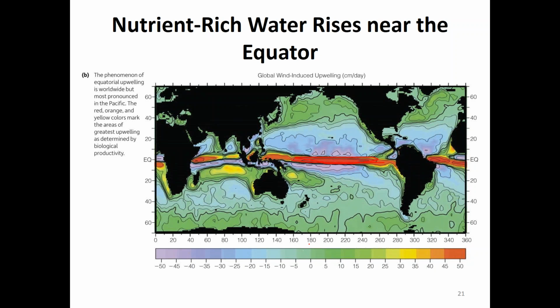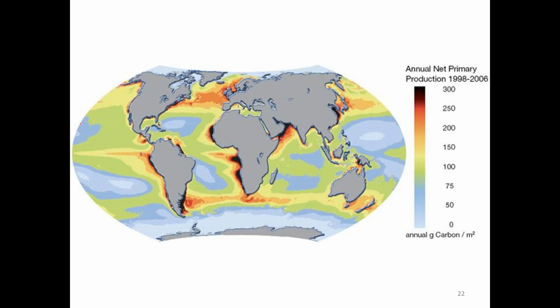Any color on this side is a positive number, so that means the water is moving upward. And any colors on this side are negative, that means there's a downwelling. So what happens is water's coming up at the ITCZ, it's upwelling, and some of that water is sinking back down right next to it. And this results in this biological productivity along the ITCZ.